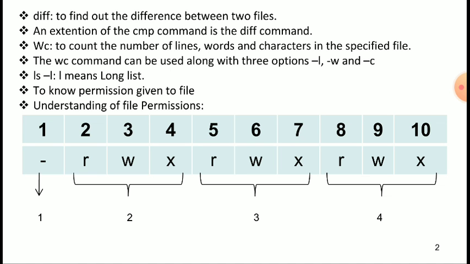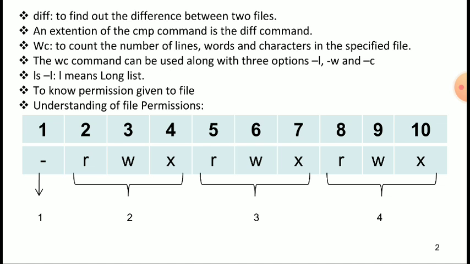Second is R, third is W, fourth is X. R means read, W means write, and X means execute. So that is the group for owner permissions. Positions 5th, 6th and 7th are the group permissions. Positions 8, 9 and 10 are the other users' permissions.